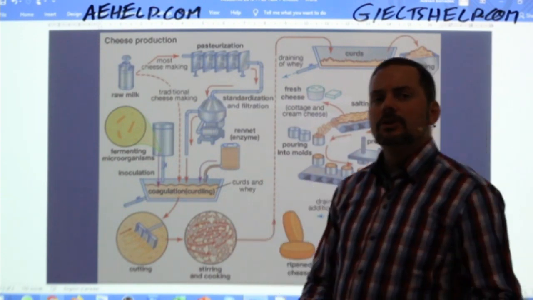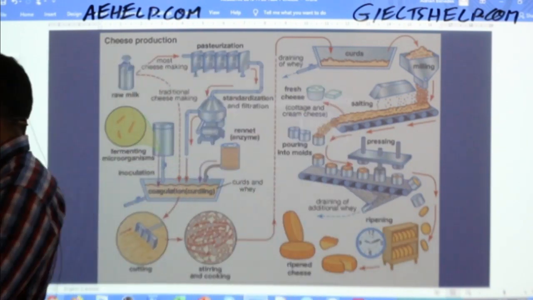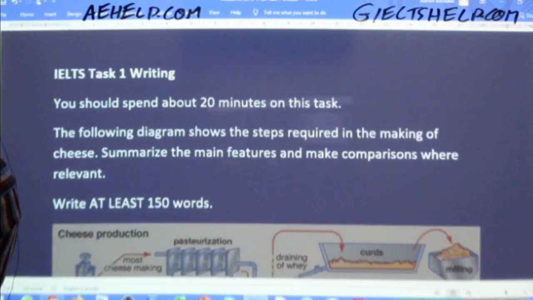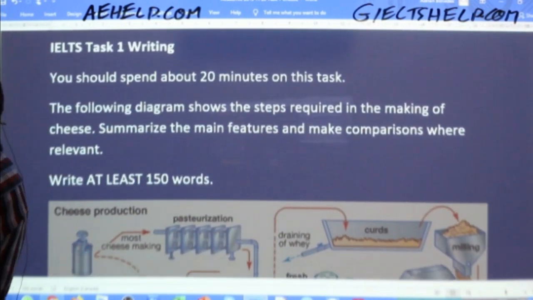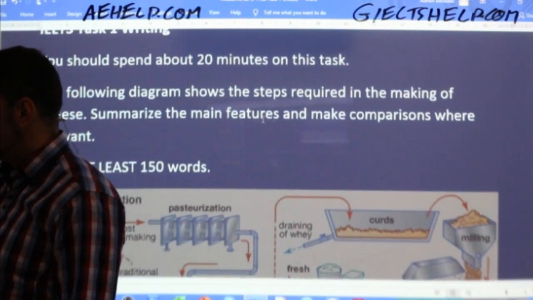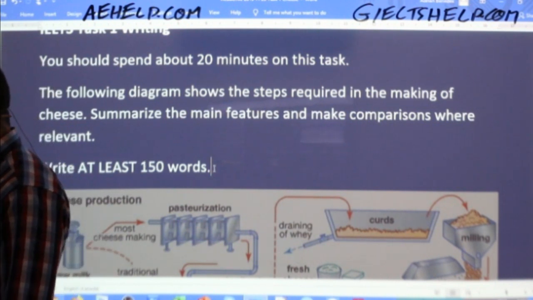Okay, what do we do first, students? So what do we do? We've looked at the question, we've read it. How do we start this? What do we do with it? And you have to write at least 150 words.